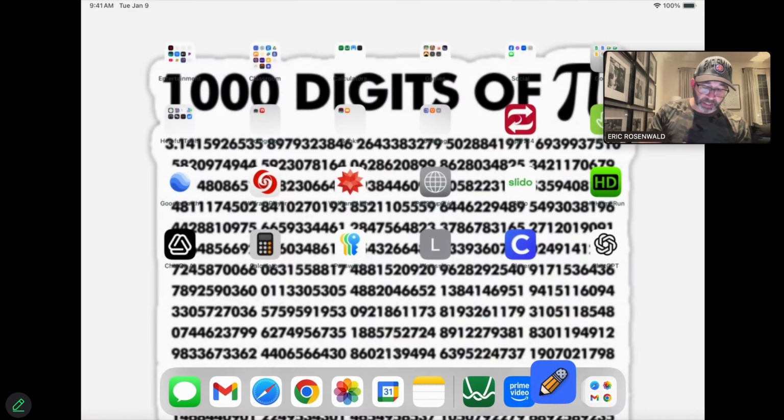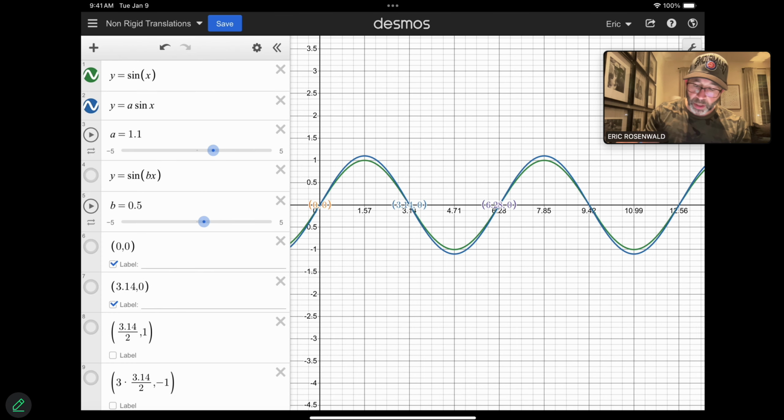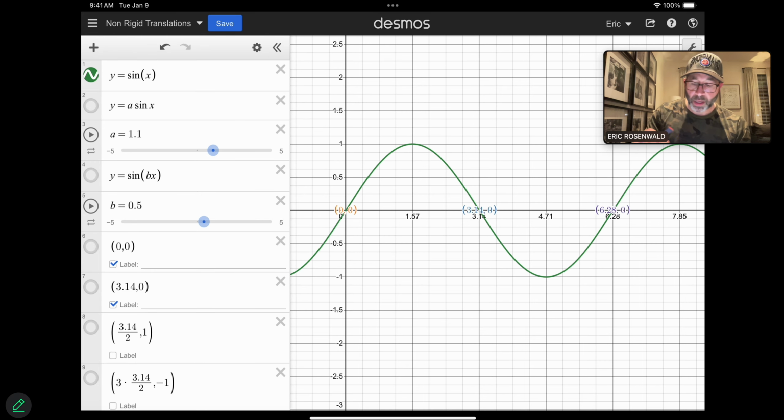All right, let's see this in action here. So when I look at this picture here, and we talk about the sinusoidal function, when we look at the original parent function, that green one that's right there, the B value is equal to 1. Well, what happens when I change my B value to a 4? Watch what happens here.